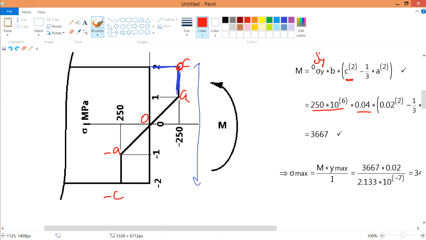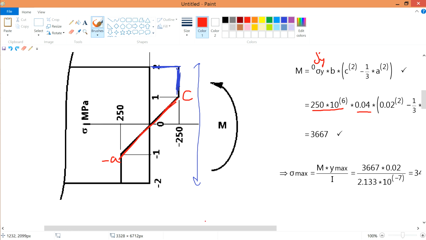Why didn't I take this point? Because we are talking about the elastic region. So in the elastic region, we are starting from here, C to minus A, and therefore this whole C is in fact the length of 0.02, so to speak.